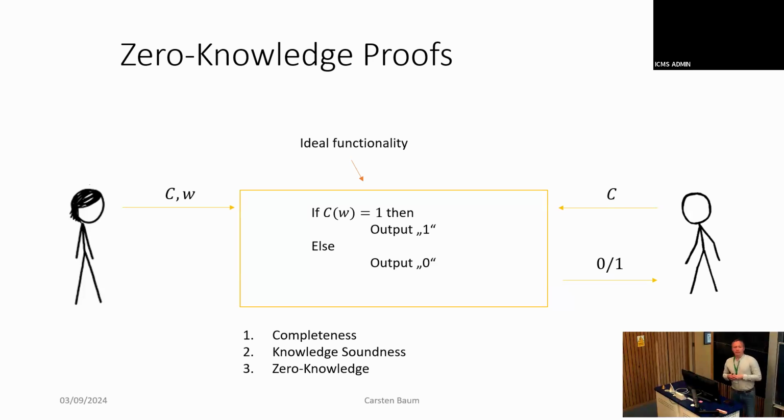But you can also formalize this in a different way. Instead of giving separate definitions for all these things, you can take the more modern approach of cryptography, which is to formalize this as one building block, called an ideal functionality.